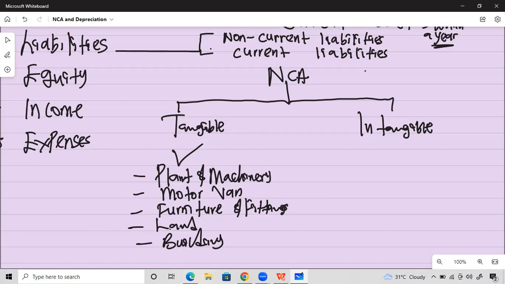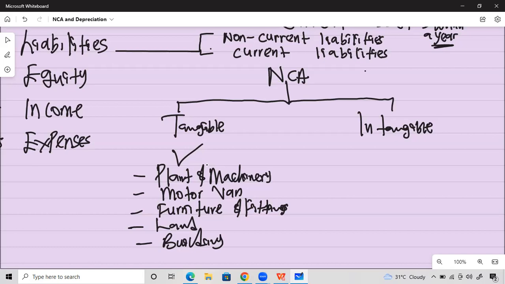But when we say intangible assets, they are those assets that do not have a physical substance. Intangible assets are an identified group of assets that do not have a physical substance.